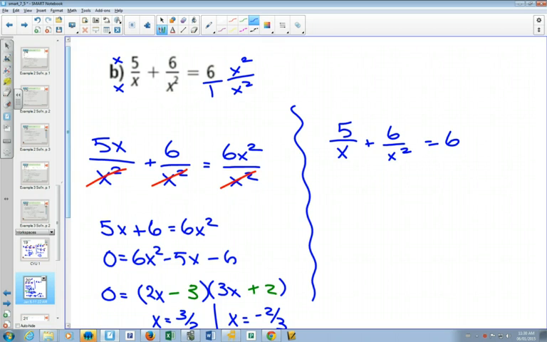So if I decided to get rid of the biggest thing on the bottom first, which is an x squared, and I multiply everything by x squared, well, for sure, these ones will cancel out, because that's the one I decided to get rid of. An x squared over an x simplifies, and now I'm just left with 5x plus 6 equals 6x squared, which is the same thing as you got on the other one.